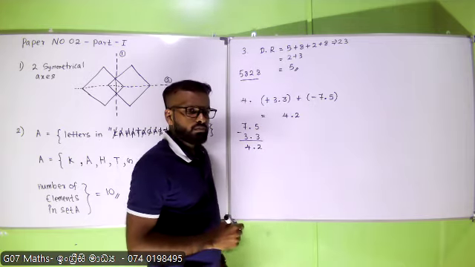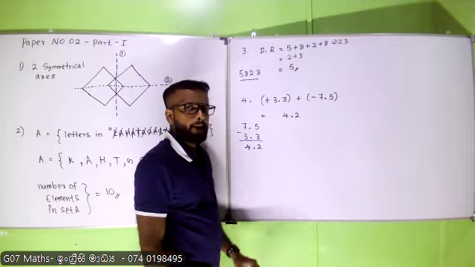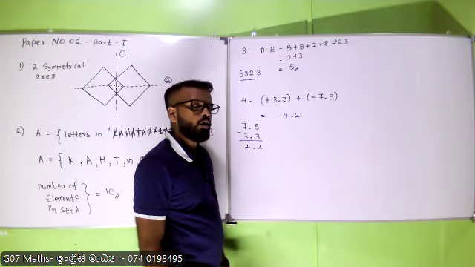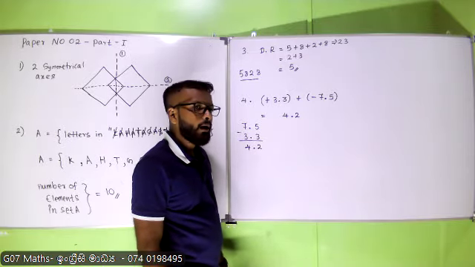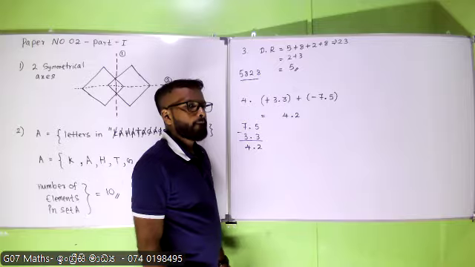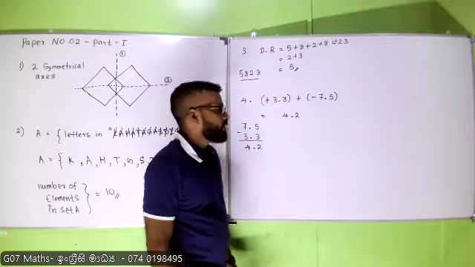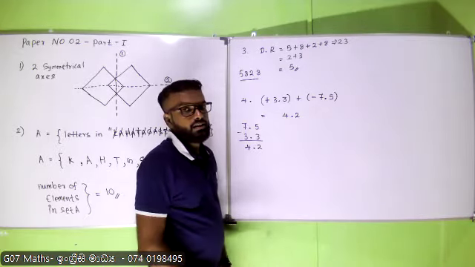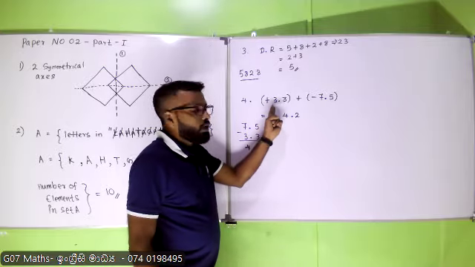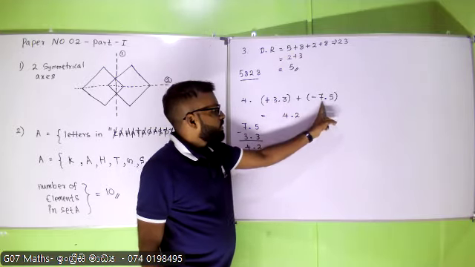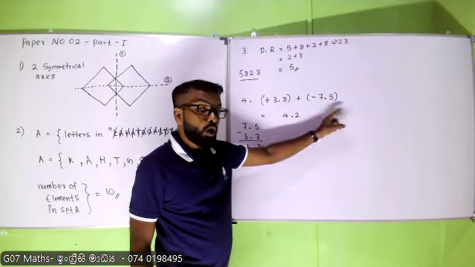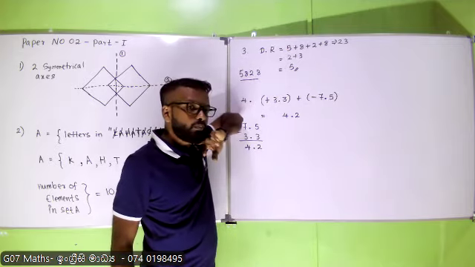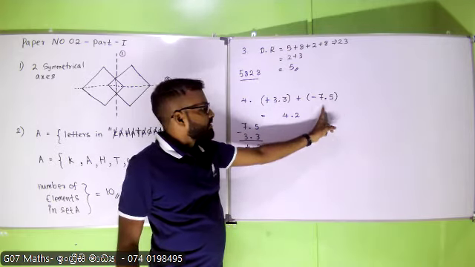Is this correct now? No, sir. What is the remaining part that we have to do in order to get full marks? Put negative. Yes, super. So you have to put negative. Why is that? If you consider 3.3 and 7.5, the biggest number is 7.5.